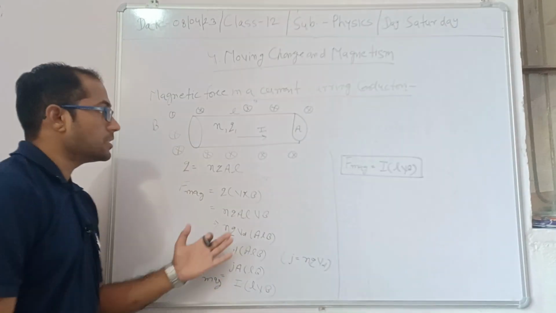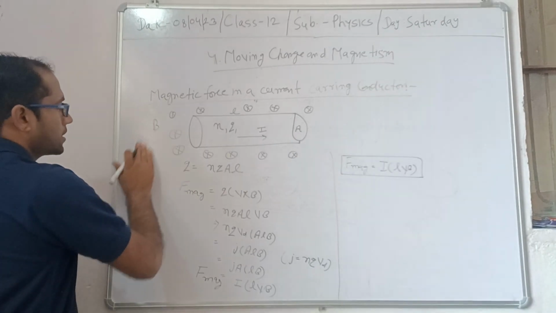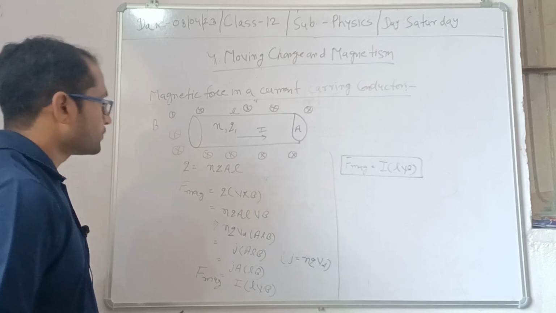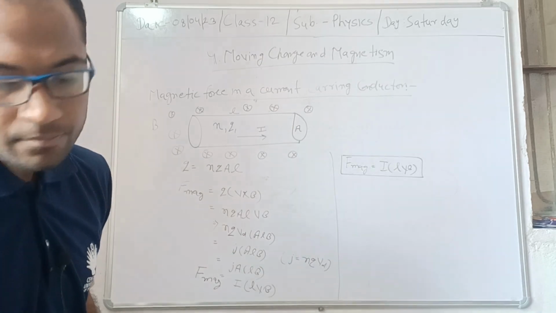If the magnetic field is outward from the board, we denote it with the dot sign. We discussed this in our lecture. So this is the magnetic force on a current carrying conductor.